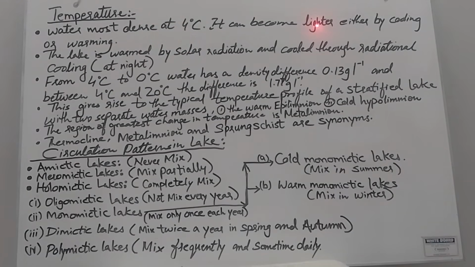Water becomes lighter, and the lighter water goes up, and the denser water goes down. In this way, a circular movement occurs, and because of this circular movement, the circulation pattern in lakes is because of this temperature.